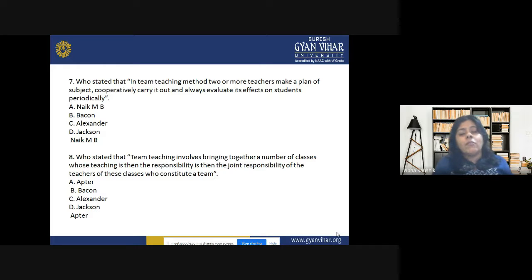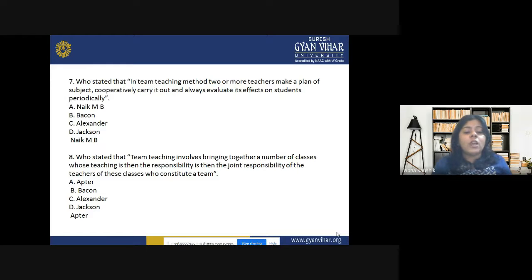So at the time of team teaching, the responsibility to teach the students is on the teachers who are involved in the planning and execution of team teaching of these classes who constitute a team.